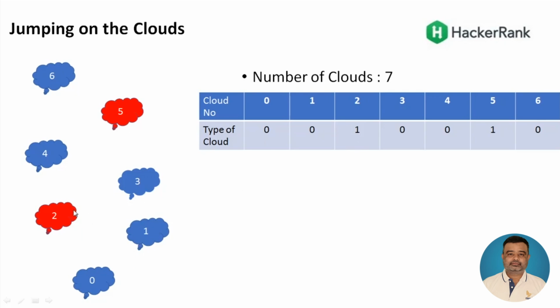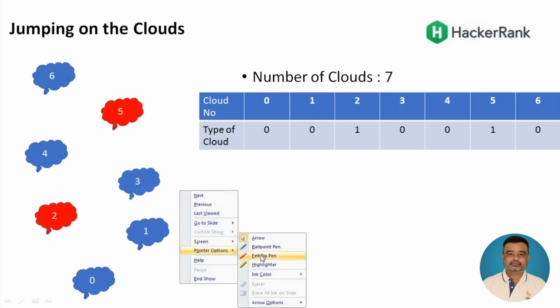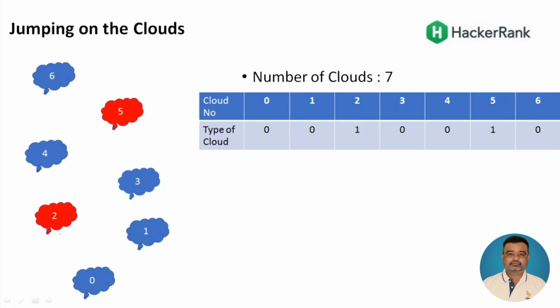So we need to find out the number of jumps. As we have seen, our job is to reduce the number of steps. So we will always try to see if I can jump by 2, because only then can you reduce the number of steps.